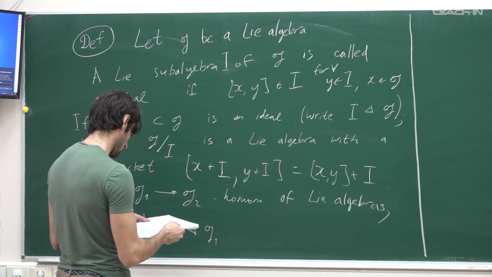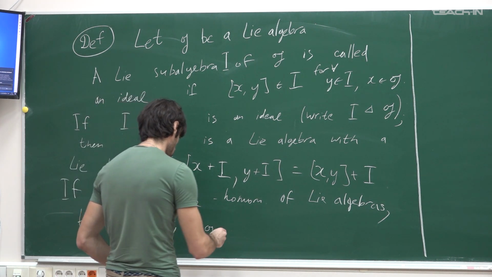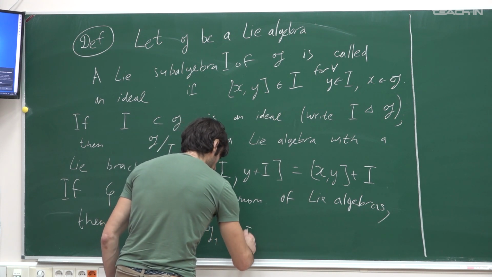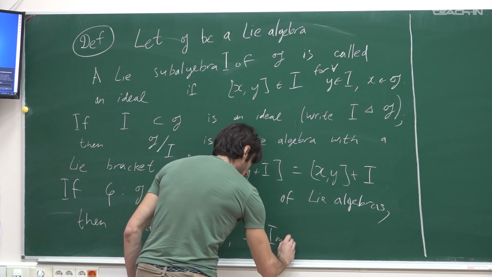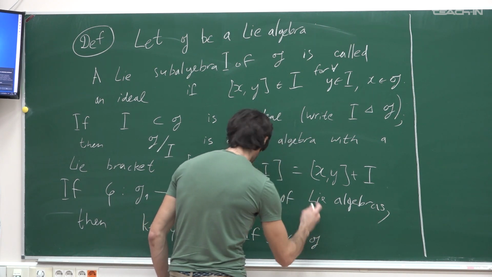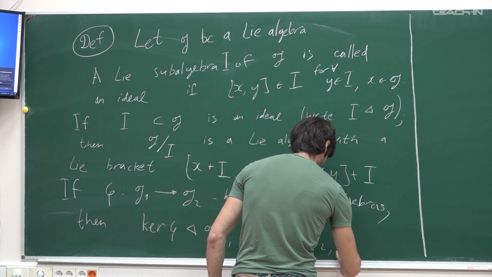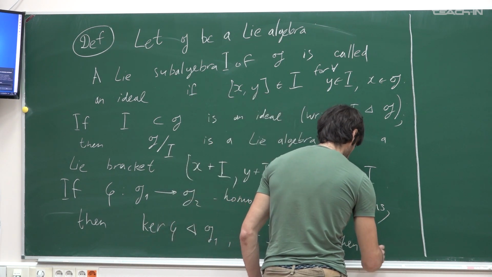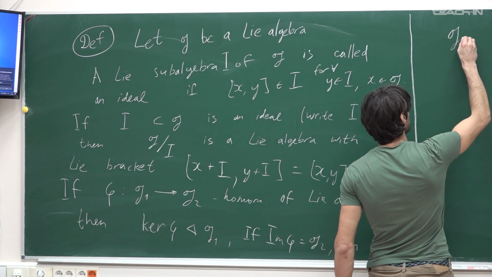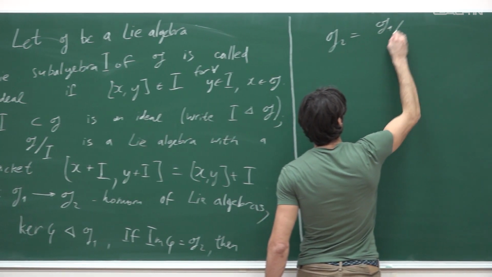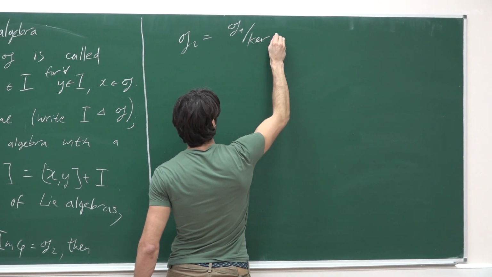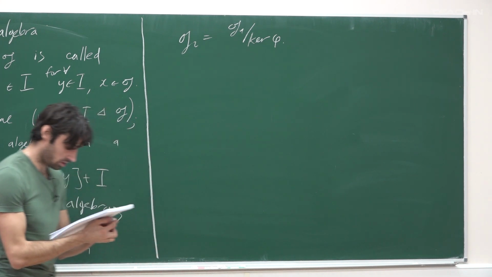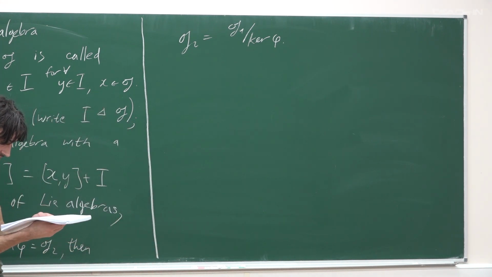And if the image of phi is G2, then we have what's called the homomorphism theorem, which says that G2 is G1 quotient by the kernel of phi. So some elementary stuff, but we still have to spell it out.